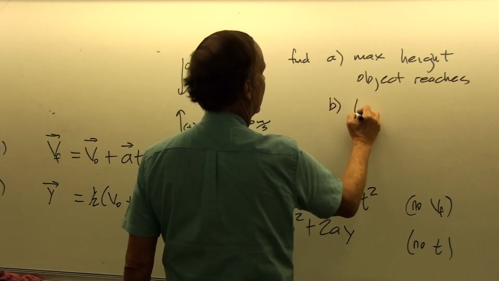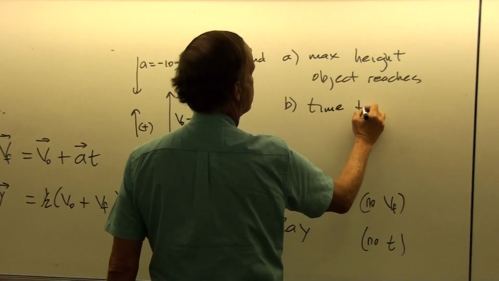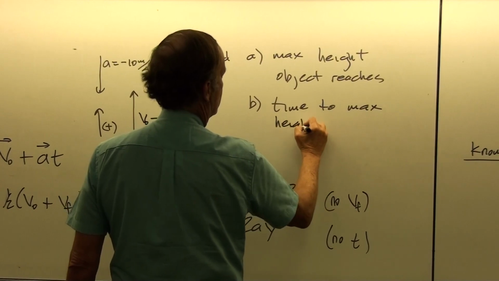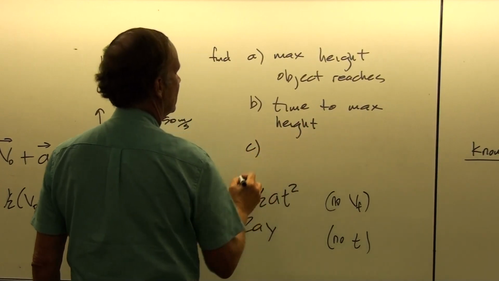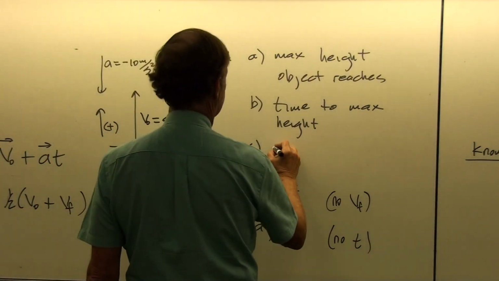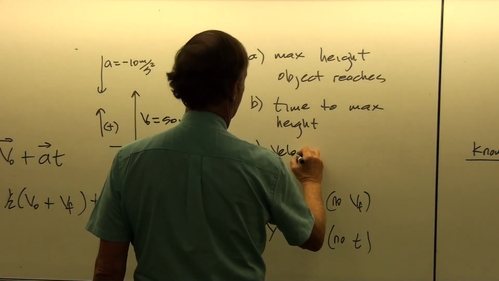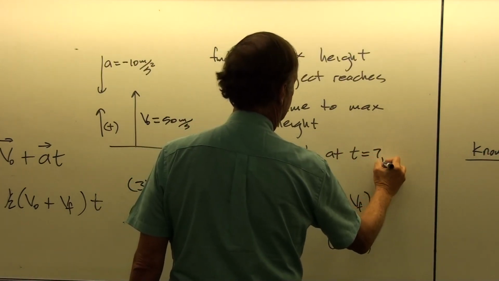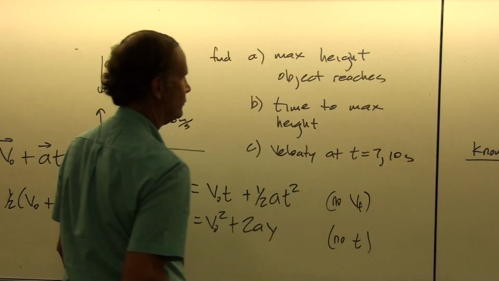B, let's find the time to the maximum height. And C, let's find the velocity at t equals 7 seconds, and also at 10 seconds.